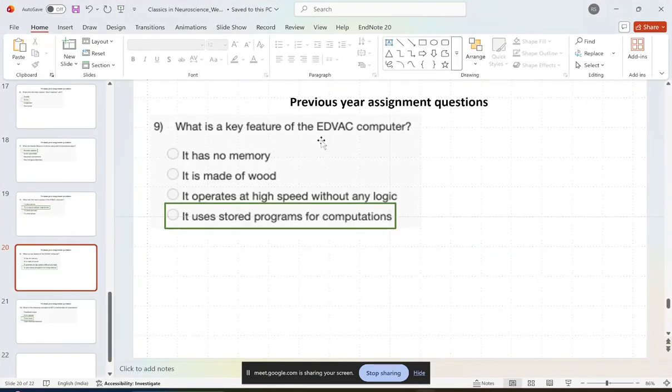So what was a key feature of the EDVAC computer? A key feature of the EDVAC computer was that it used stored programs for computations. Because it had a memory, that memory allowed it to store programs, and those programs could be accessed to make computations.